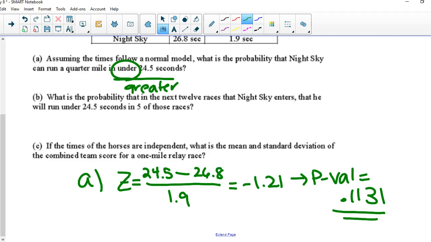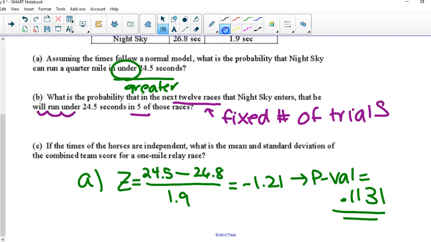Part B, what is the probability that in the next 12 races that Night Sky enters, he will run under 24.5 seconds in 5 of those races? What this means right now, when you see 12 and you see 5, this is my fixed number of trials.